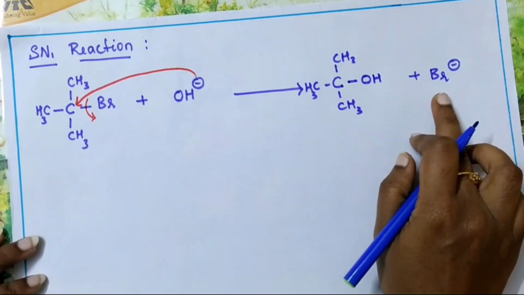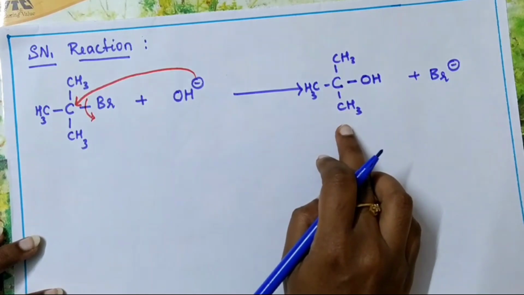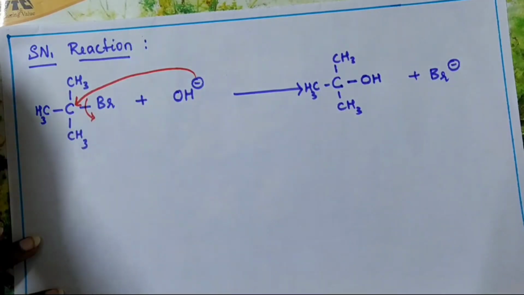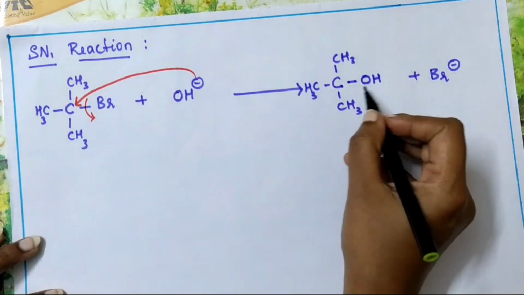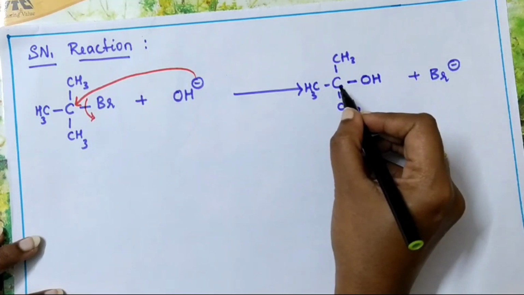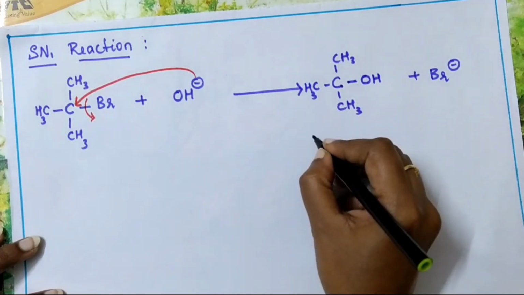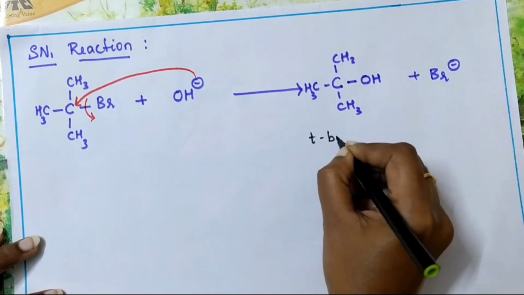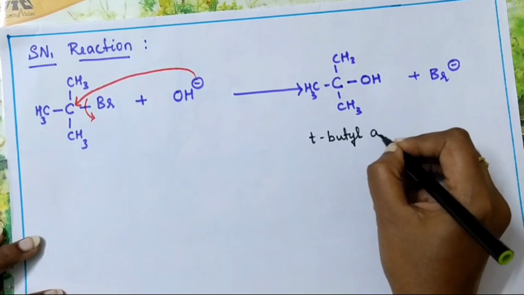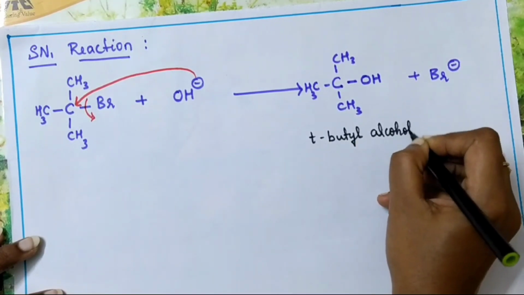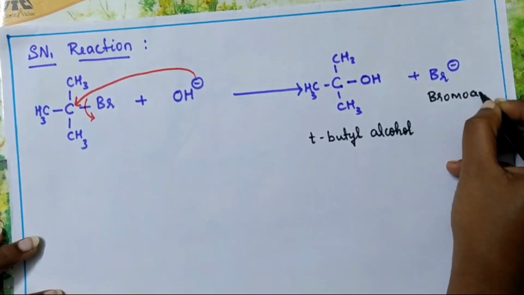What is this Br minus? It is the bromide anion. And what is this? It is nothing but an alcohol, no? What kind of alcohol is it? This alcohol is bonded with this carbon atom, which is bonded with 3 other carbon atoms. So you can write it as tertiary butyl alcohol. And this is the bromide anion.